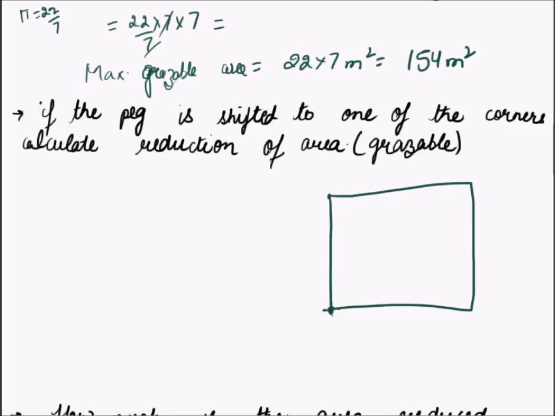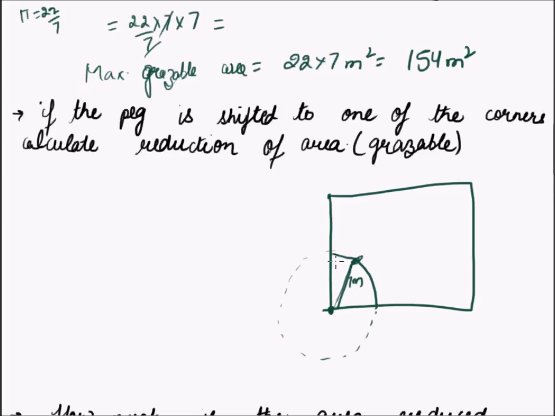So now the rope will be like this and the cow will be tied somewhat over here. So the rope can make the circle like this. The cow can make its movement in this circle.